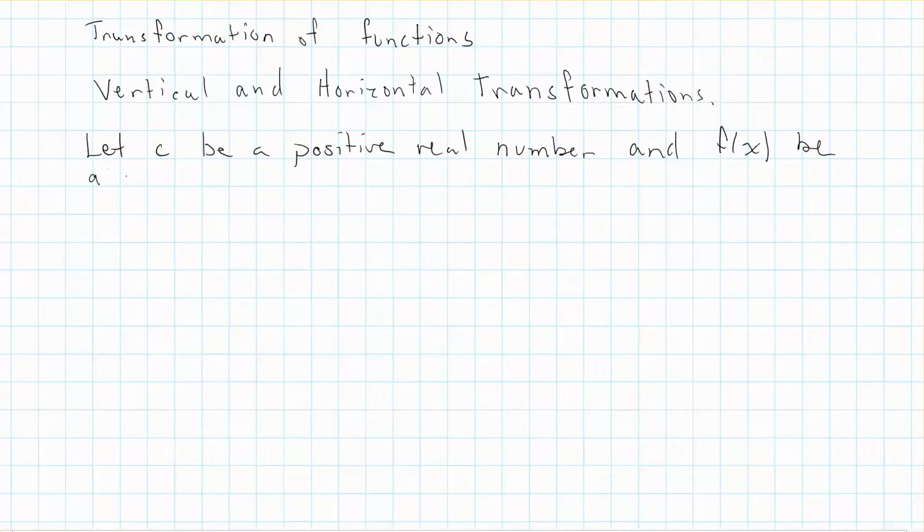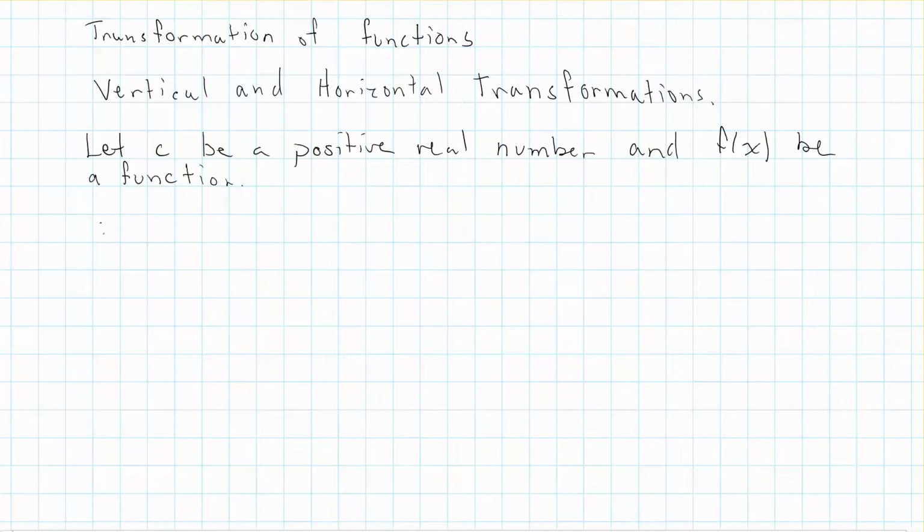Now before I write down the transformations, let me emphasize why I want C to be a positive number, because I'm going to be adding and subtracting C in various cases, and so I want it to be positive because then I know I'm adding a positive number or I'm subtracting a positive number, where if I let C be any number, then I'd have to be concerned about, well, what happens if C is negative? Because if you subtract a negative number, it's the same thing as adding a positive. So that's why we let C be a positive real number. So because we're going to be both adding and subtracting, we don't have to worry about double negatives going on.